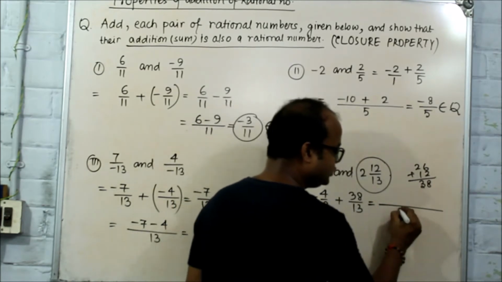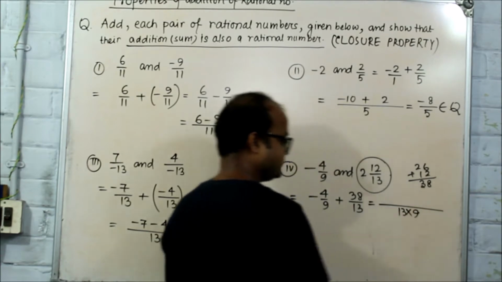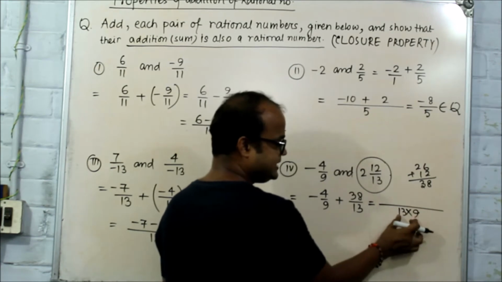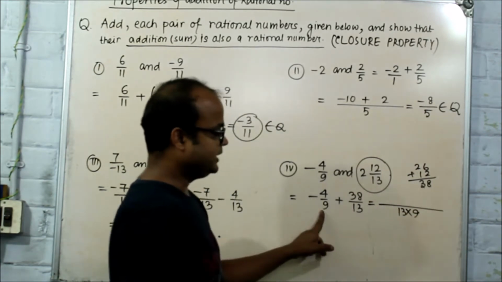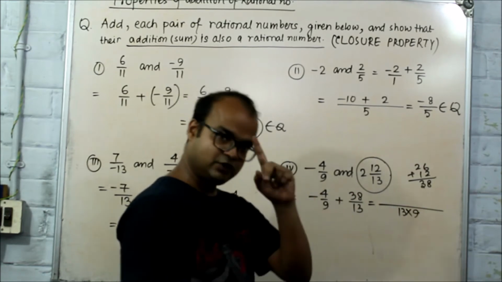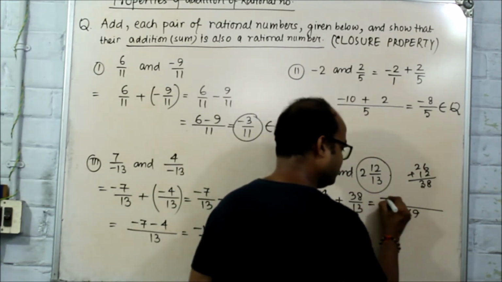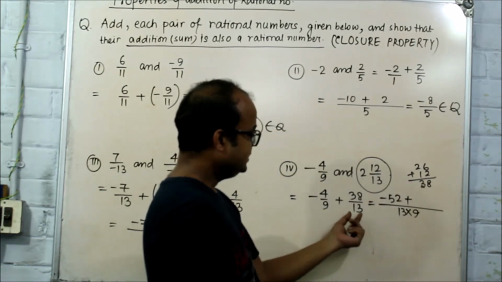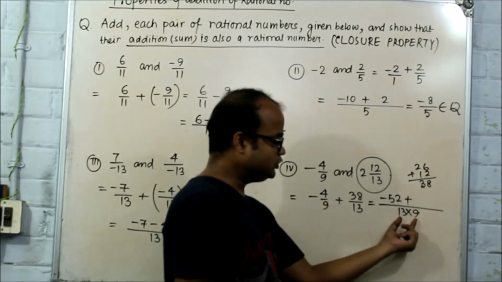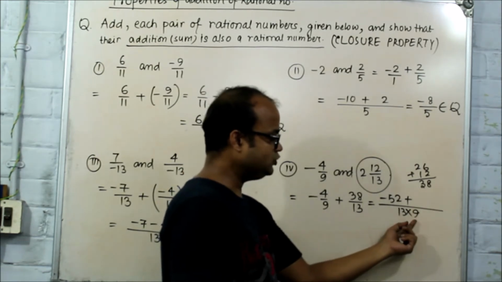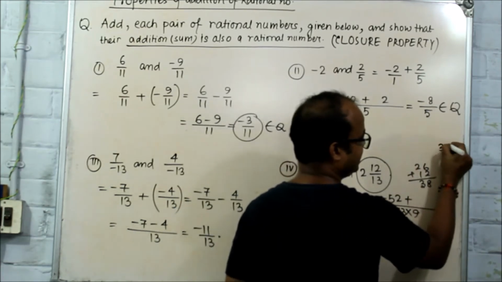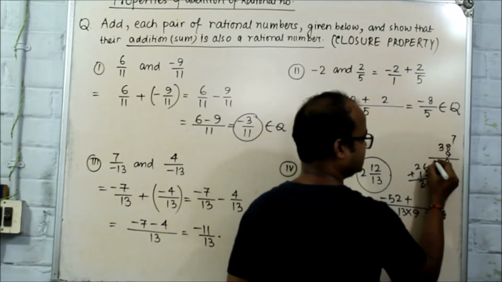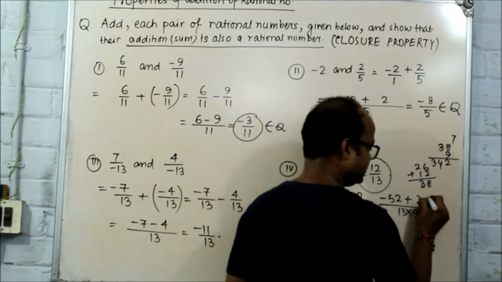So the LCM will be equal to 13 into 9, that is equal to 117. Now see, LCM divided by denominator: 13 into 9 divided by 9 is equal to 13 into minus 4, that is equal to minus 52. Plus, now 13 into 9 divided by 13 is equal to 9. So 38 into 9 is equal to 342.